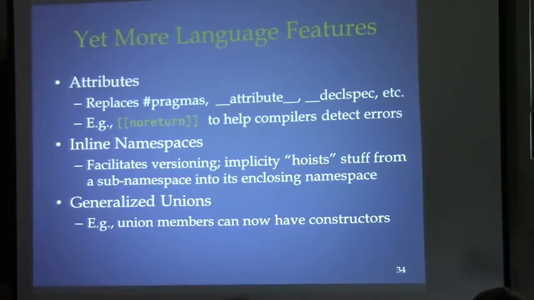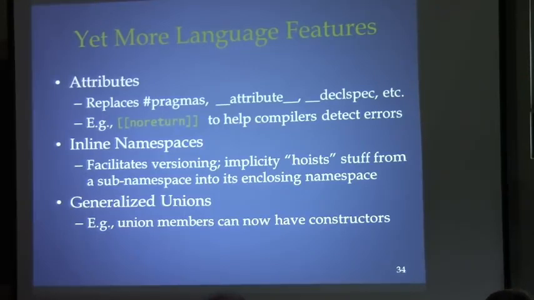Technically, if you have a sub namespace, and that sub namespace is inline, it acts as if it was declared hoisted up into the parent. And you can easily have 3 or 4 different sub namespaces and change which one is hoisted just by moving that inline keyword around. So as you have a new version of a library, you could install that as the default by putting inline on it, and leave the old ones around that people can still get to by name, but the new default will be the one that you specify as inline.